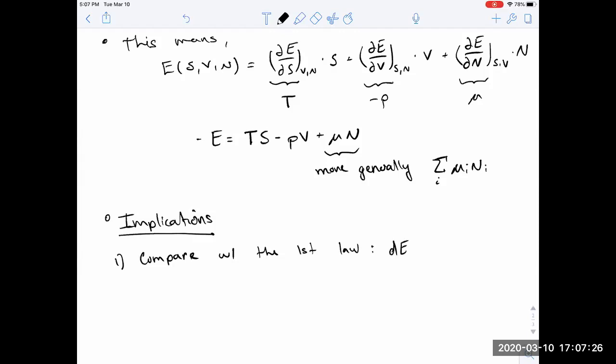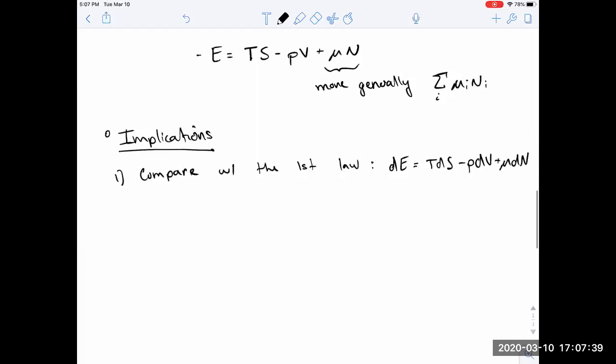The first law relates changes in energy as heat, reversibly T dS, plus work, minus P dV, plus mu dN. This integrated form of the energy says that if we take the total differential of the energy, well, that's equal to the total differential of TS minus PV plus mu N. Through the chain rule, this is going to generate a ton of terms.